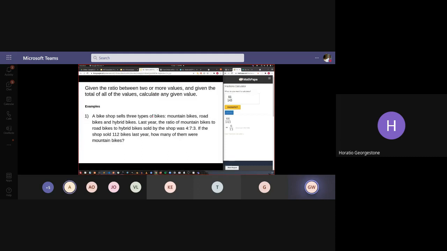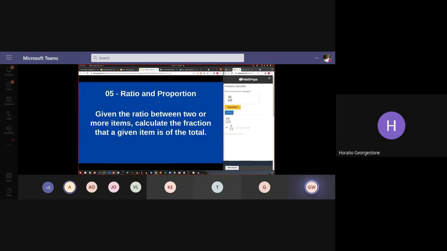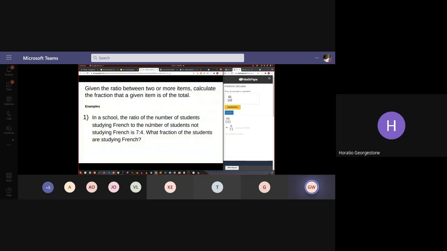Okay, so given the ratio between 2 or more items, calculate the fraction that a given item is of the total. So in a school, the ratio of the number of students studying French to the number of students not studying French is 7 to 4.